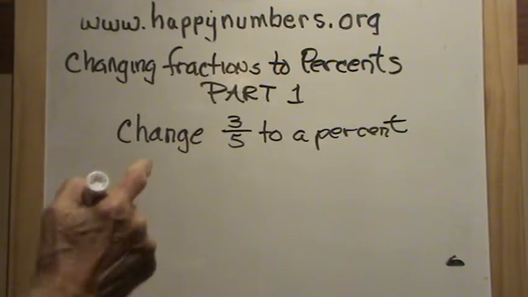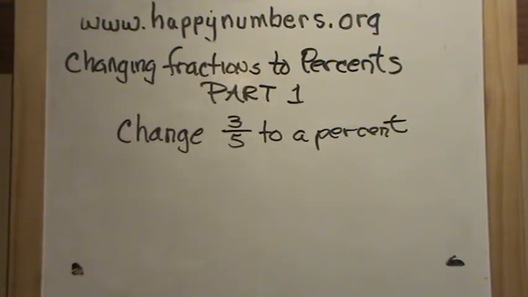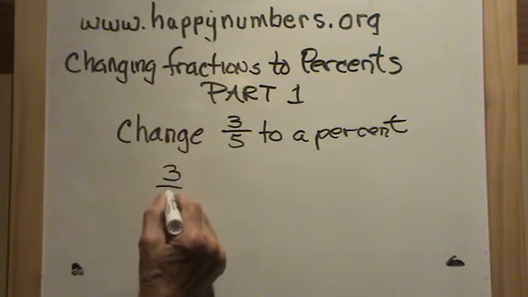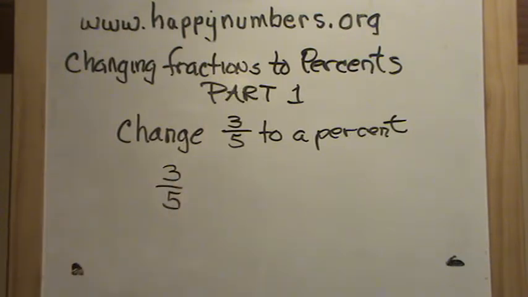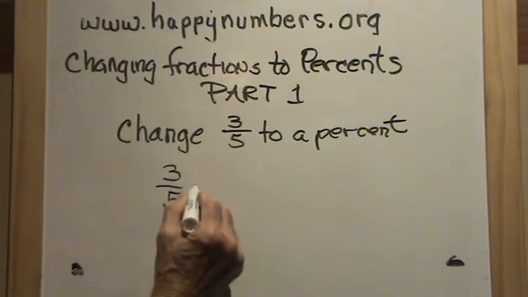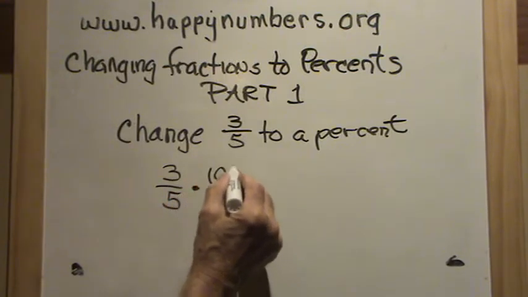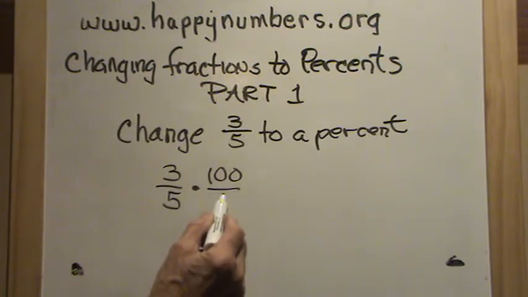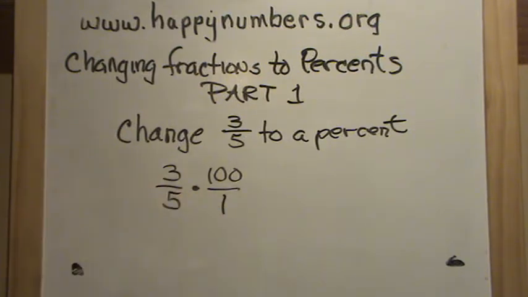So the first part is dealing with this very simple skill set. We want to change the fraction 3/5 to a percent. Well, the first method is we can multiply the fraction times the number 100, or 100 over 1, which is exactly the same.